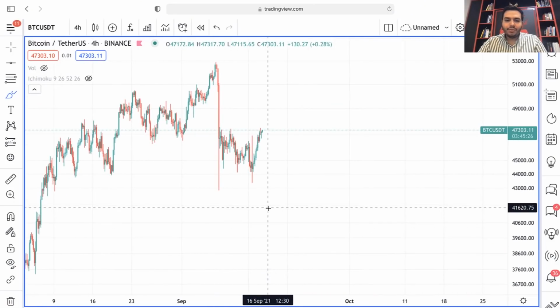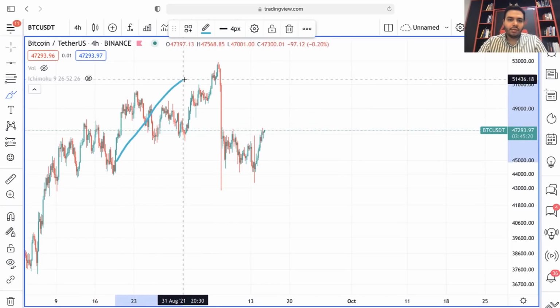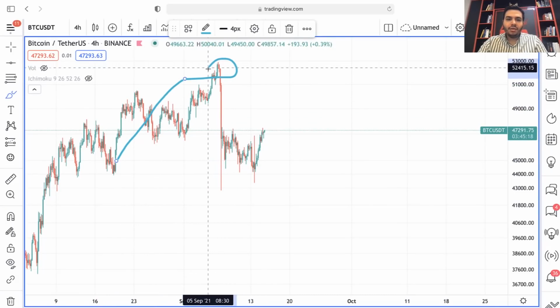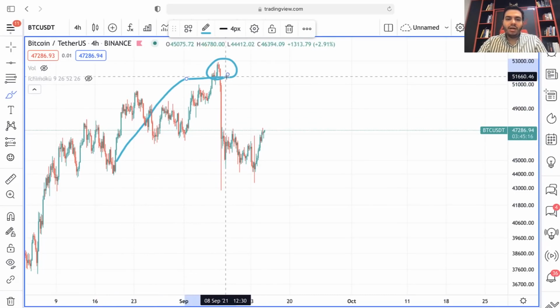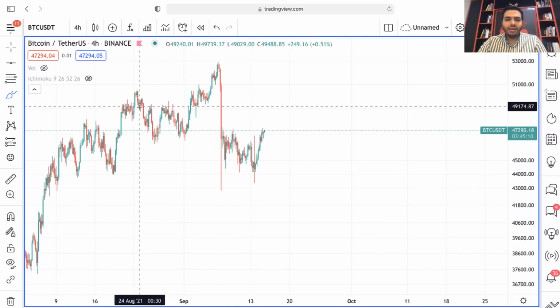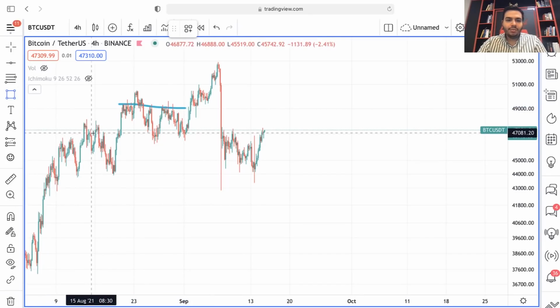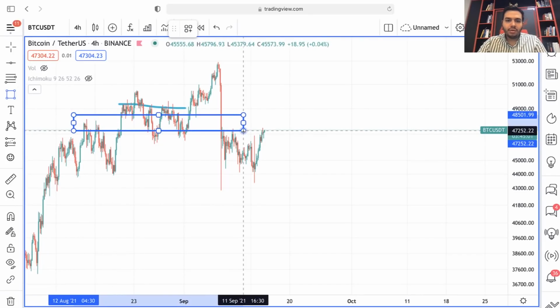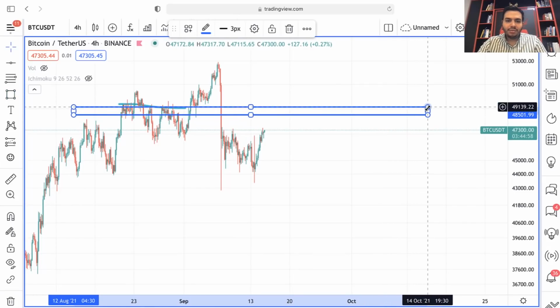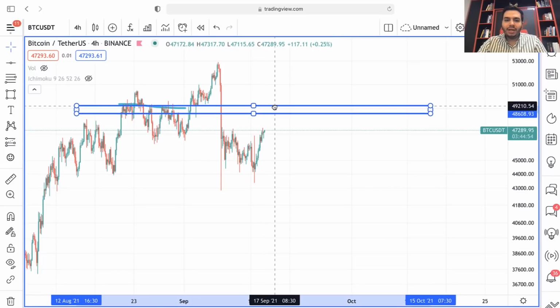Here, for Bitcoin, as you can see, we had an uptrend, and then we had a small range area, and then a big plunge to the downside. At the 50% of this movement, around these levels, we can expect the price to move down again.